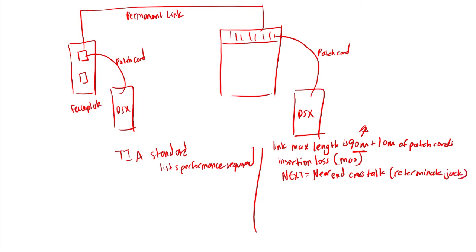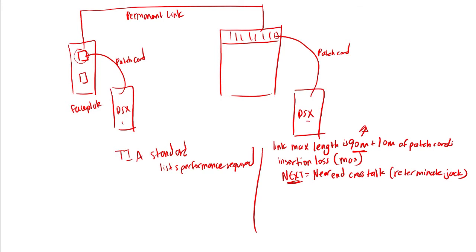And the Fluke tester will tell you which side has a really high NEXT, because remember, it's testing on both ends of the cable. So if it's telling you the main unit is bad, then re-terminate the wall jack. And if it's telling you the far end is bad, the remote, then re-terminate the patch panel port.